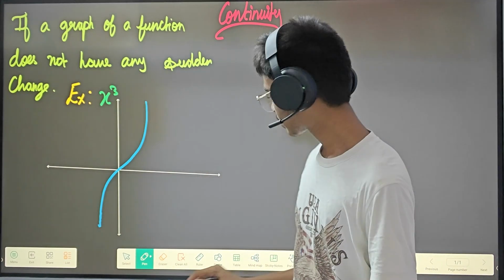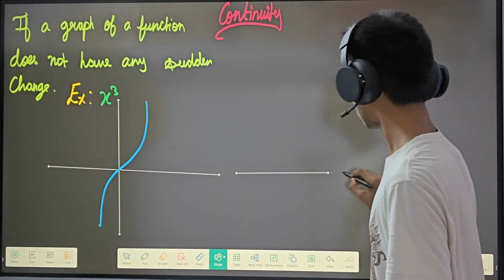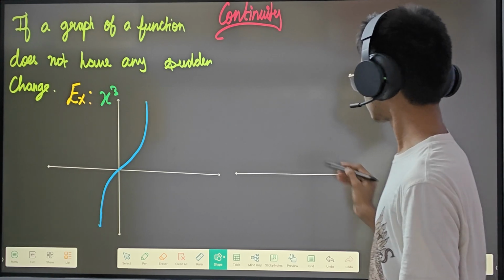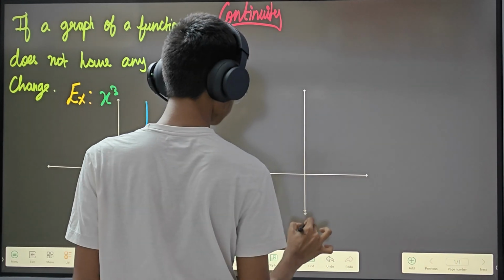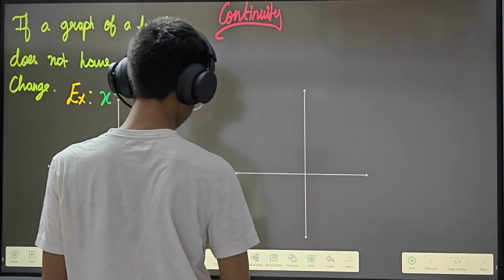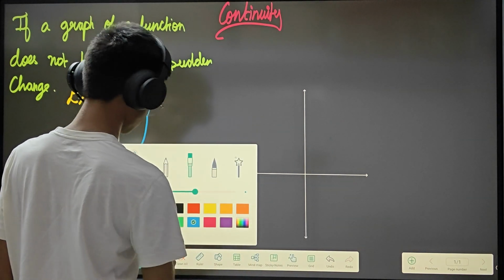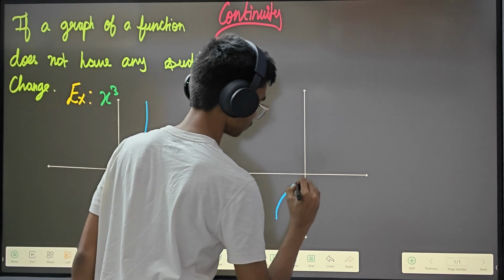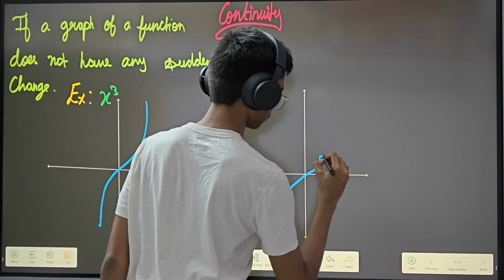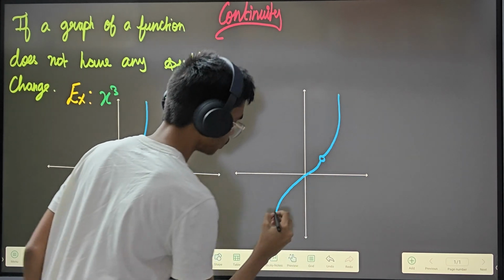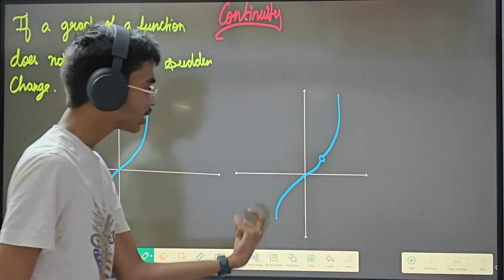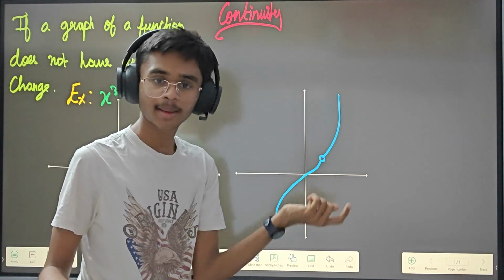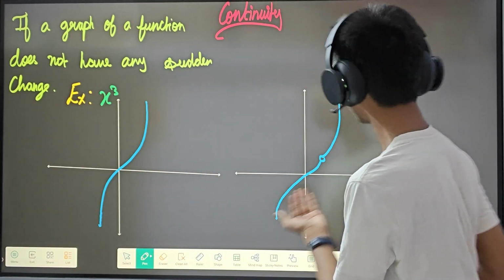Okay, but when you take some graphs which are like this, you can see that this particular point is empty, which means there is a sudden change over here.